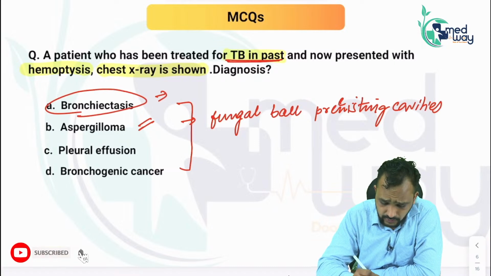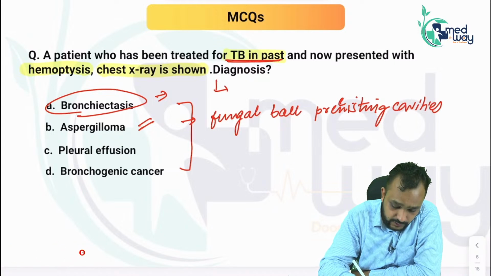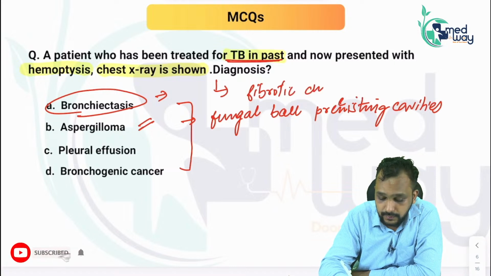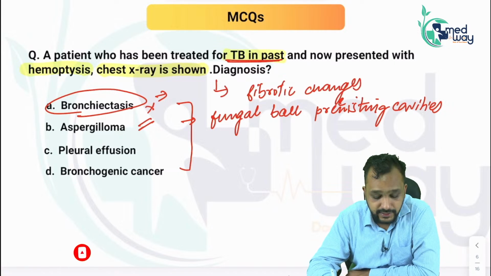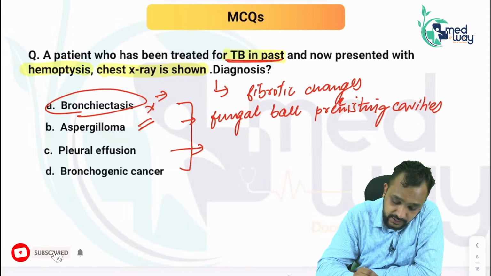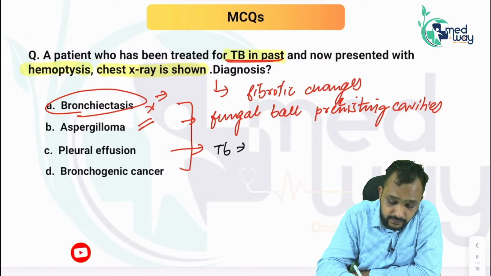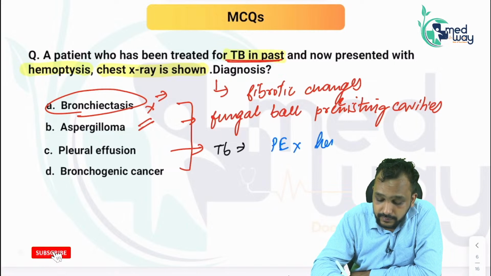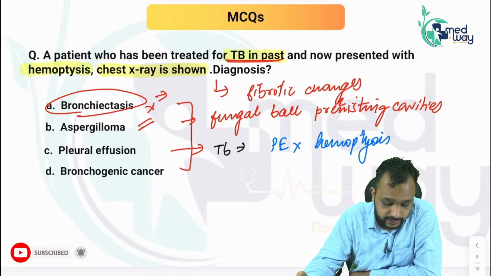Bronchiectasis can happen, okay, but it is not a feature of tuberculosis. Mostly tuberculosis patients will heal with fibrotic changes. So again, bronchiectasis is not a possibility. Pleural effusion is seen in patients with tuberculosis, right? But this pleural effusion is not going to present with hemoptysis, right?